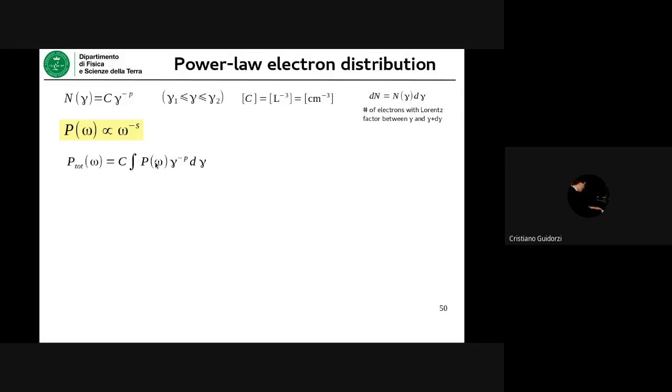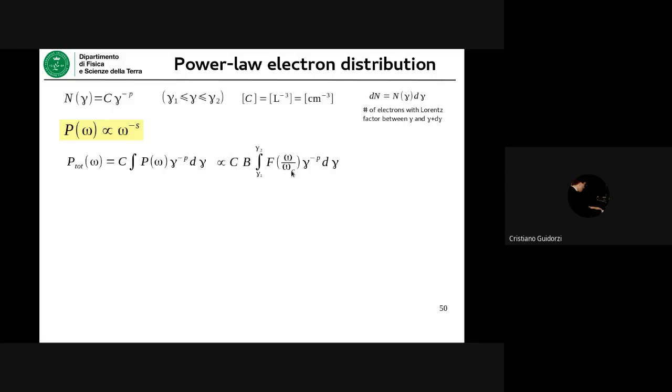That's why you cannot take it out of the integral. In particular, let's remind ourselves that P is a function of capital S with some proportionality constant. That's why I use the proportional symbol instead of equal. I don't care about the numerical coefficients. I just want to recover how the total power scales with frequency. So here, omega over omega c.